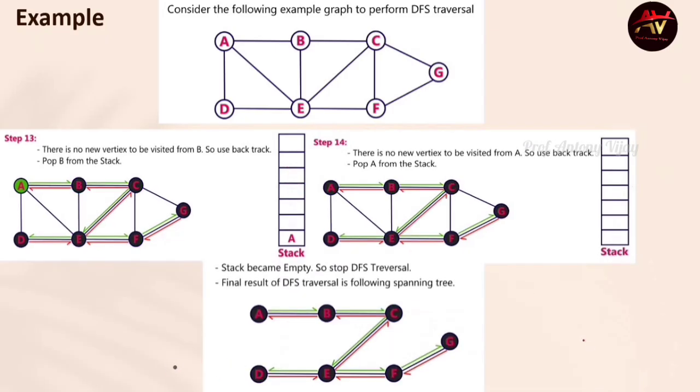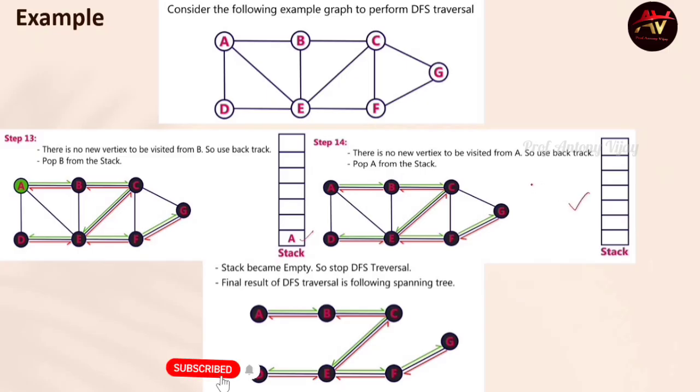Right now we have only one element. After that there are no other vertices for A, so we apply backtracking for A and remove A also. Almost all the process is over. Right now the stack is empty.